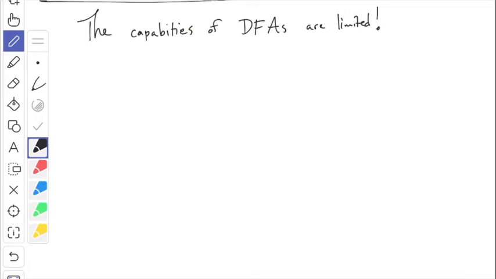I want to talk about a new kind of machine, another type of machine which has more capabilities than a DFA, like it can do more stuff. There are more steps that it can do, or different steps. It's called the NFA. The F and the A are the same, but the N is different from the D. Another machine, the NFA.